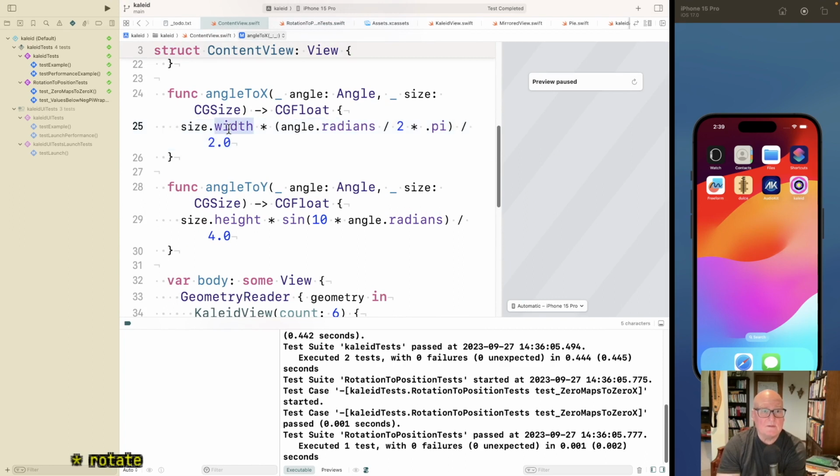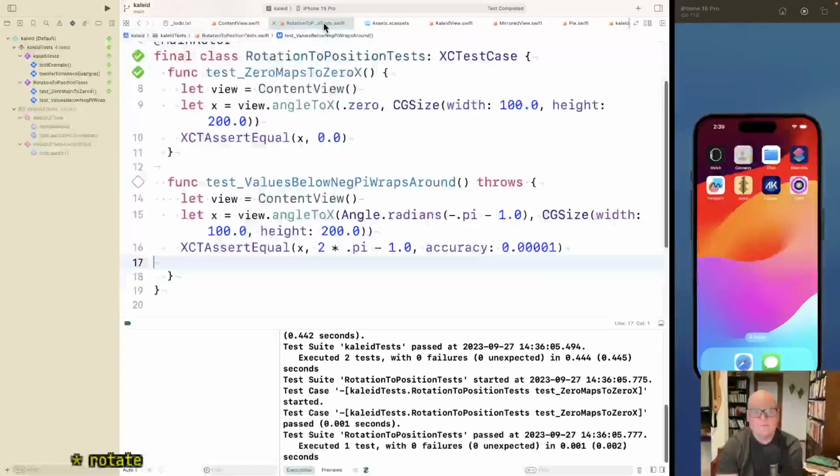So somehow this width times that division, I don't know, I feel like I'm computing the answer to get the answer, but I got to add 2 pi back in to this thing.